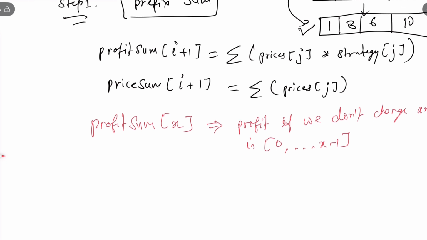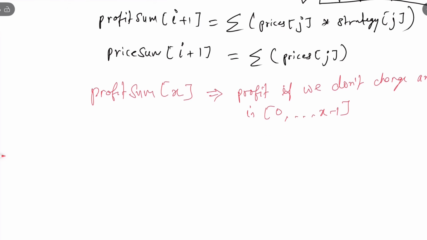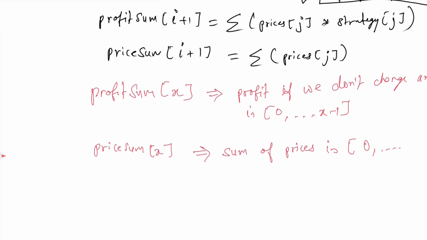Similarly, the price sum will also be some value, and this value is the sum of the prices in 0 to x minus 1. This is what we have represented above.